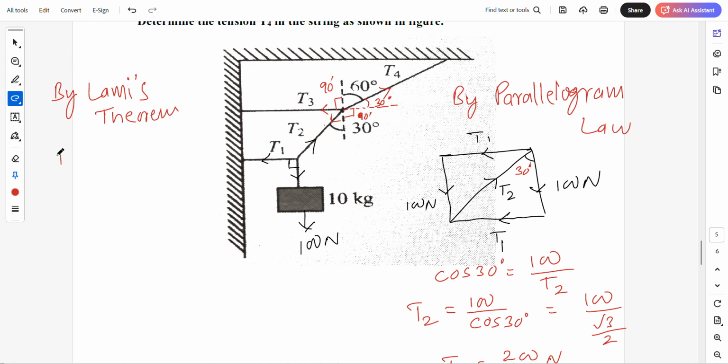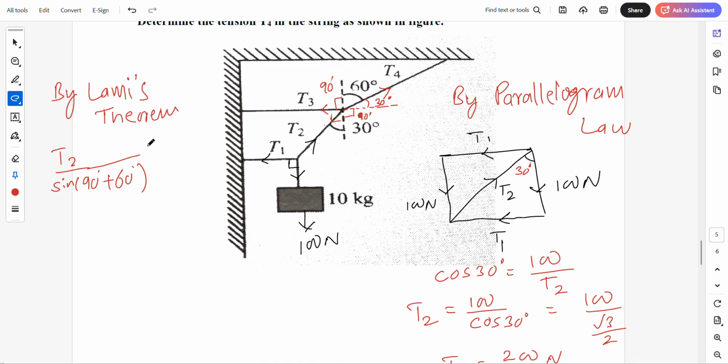T2 by what? T2 by sine of how much? T2 is this angle. That is sine of 90 plus 60. Hope you are following. Okay, T2 by sine of this angle, that is 90 plus 60.